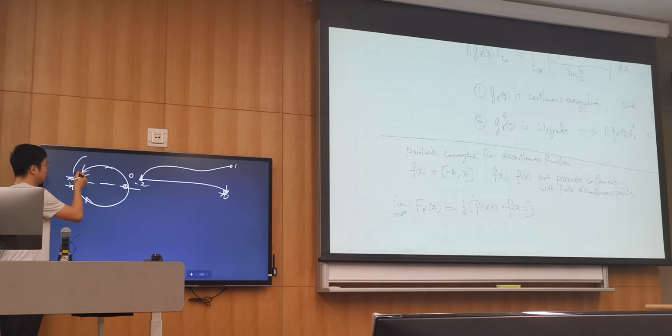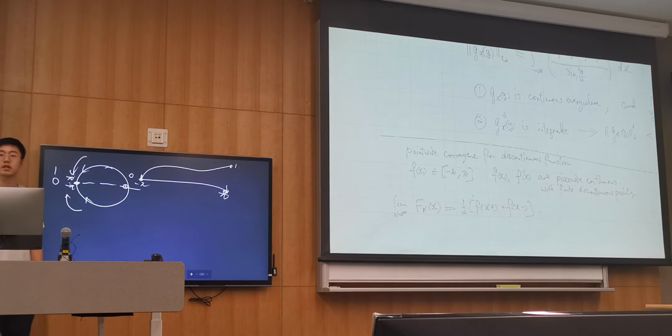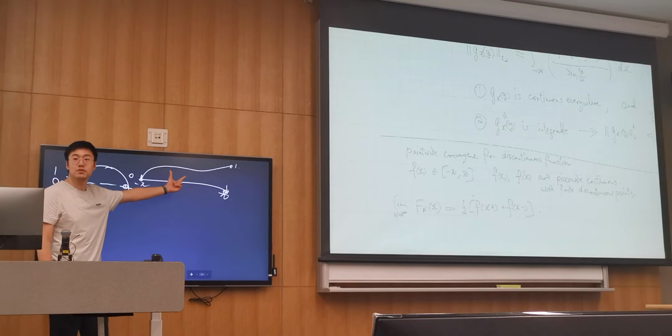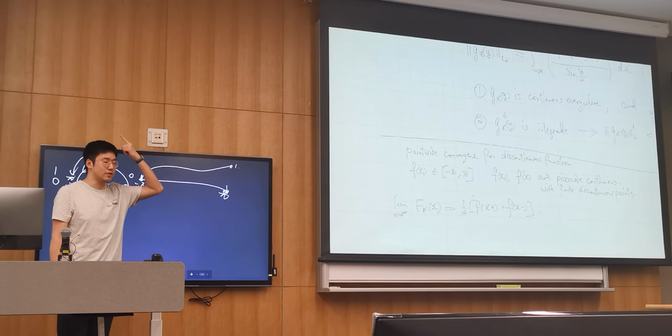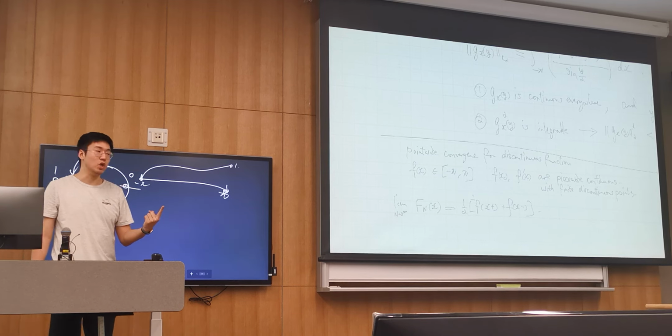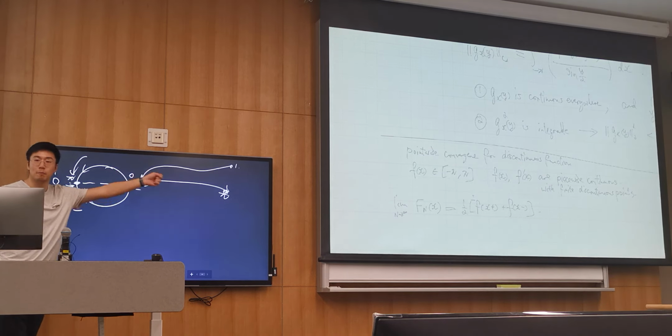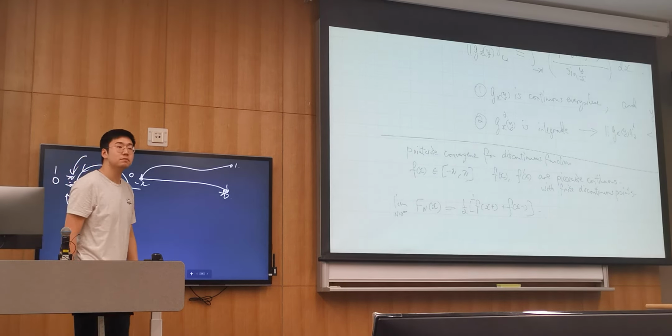Because on this direction it approaches 1, and on this direction it approaches 0. So with the idea of a periodic space, this function is still discontinuous, and it has only one discontinuous point, which is exactly on negative pi or on pi.